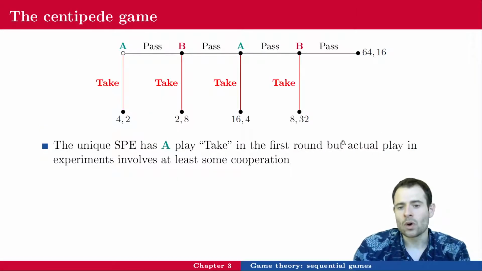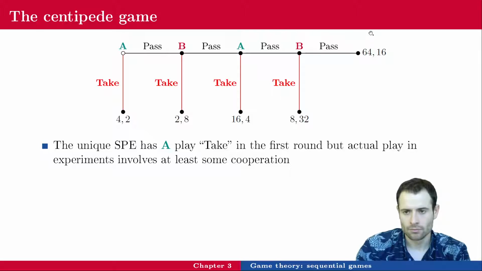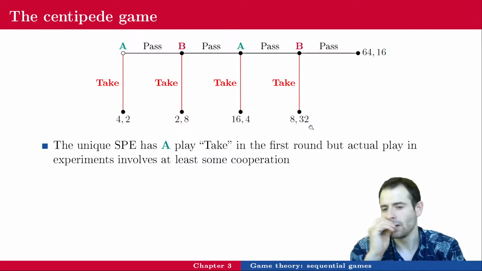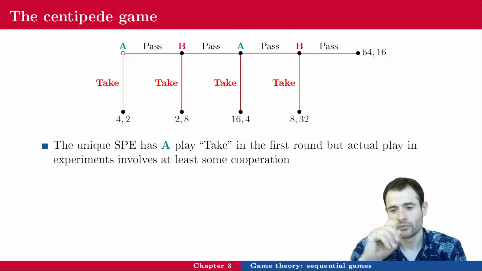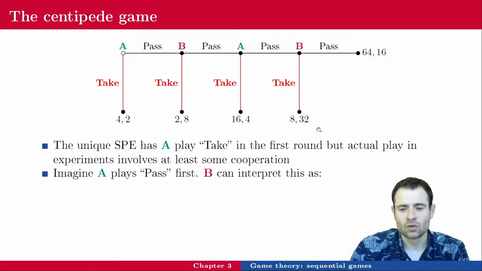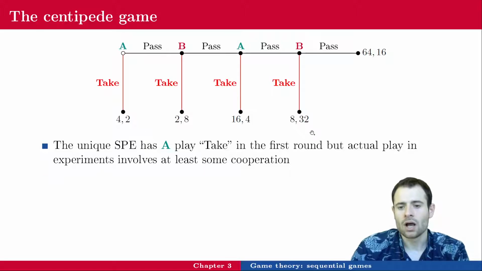Let's use backward induction. This here is going to be the last subgame, the smallest subgame. In this subgame, B can pass the ball and get 16, or take the ball or keep the ball and get 32. He will decide to take the ball because he can get 32 instead of 16.